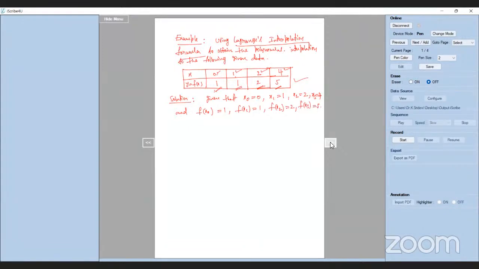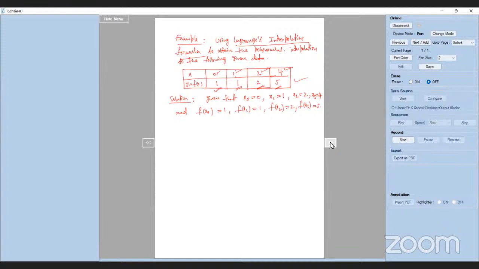Now, we have to find the polynomial using Lagrange's interpolation formula. In the Lagrange's interpolation formula, there are n plus 1 terms, according to x0, x1, and so on up to xn, and f of x0, f of x1, and so on up to f of xn. So how many terms do we have to take according to this problem?